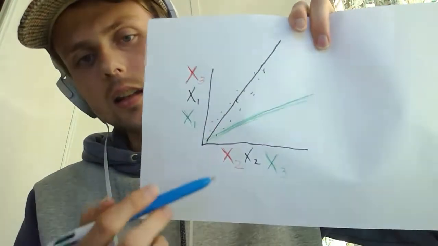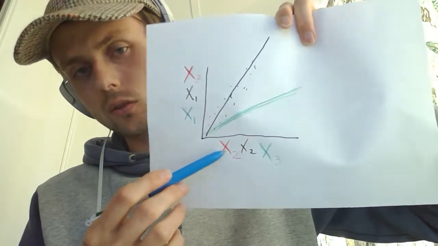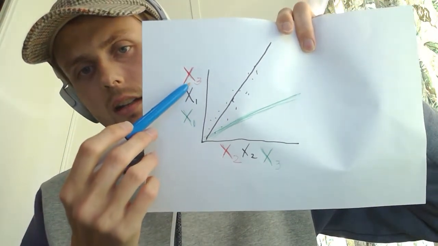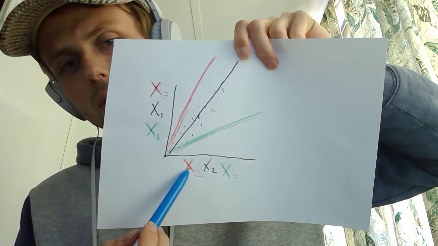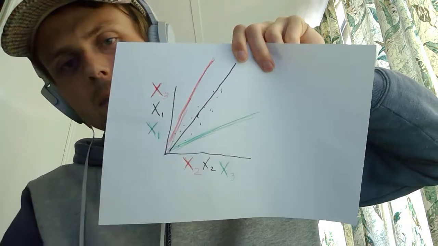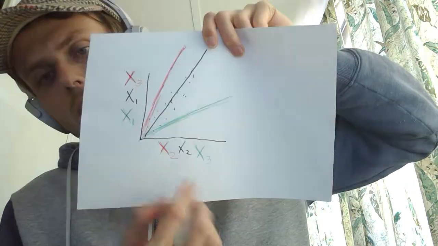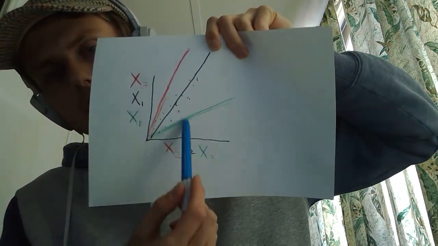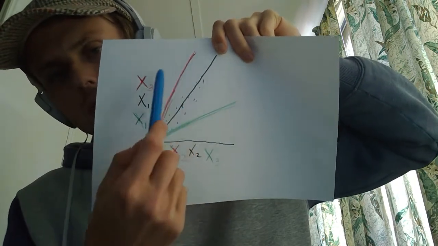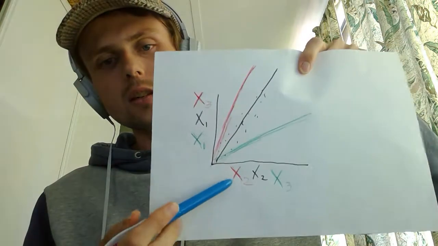So I haven't drawn the line yet, but as you can see, if x2 is here, and we know x2's influence is really powerful, and then x3 is up here, and we know x3's influence is even weaker than x1's, then we would have a line like this, because if x2 has the same influence it did before when we plotted it against x1, and then plotting it against x3, which has an even weaker influence, that means that x2 in this red line scenario is pushing really high and making this gradient really steep, because its influence is just so much greater than x3's influence.